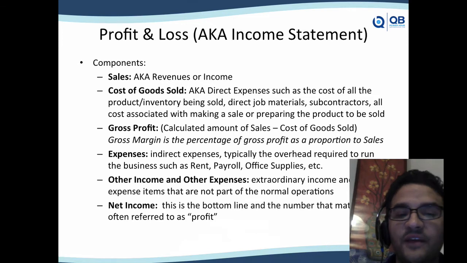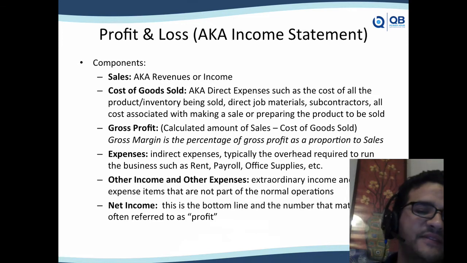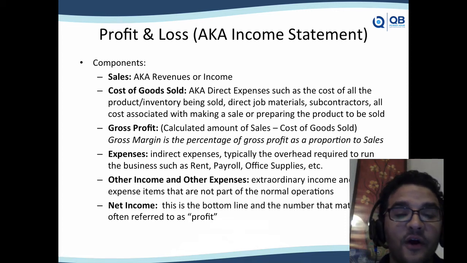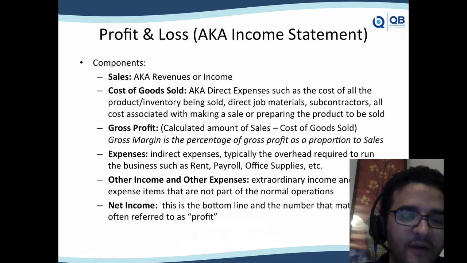And whenever you see the word gross margin, it is the same thing as the gross profit, but represented as a percentage of sales. Then the expenses, which we spoke about, these are the indirect expenses like rent, payroll, office supplies. And then the ones under the other category, quote unquote, these are the extraordinary items that are not really part of the normal operations.